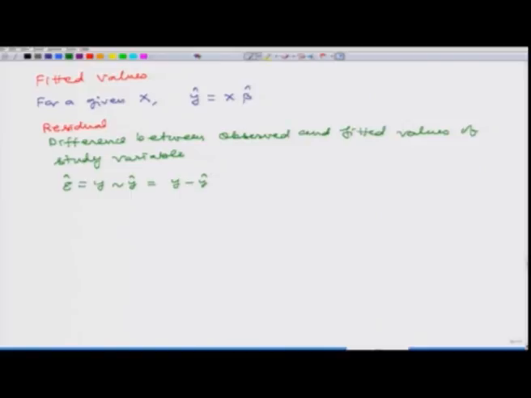Now, y hat is X beta hat, and beta hat we had obtained as X transpose X whole inverse X transpose y. So, I can write y minus H y, that is, I minus H times y, which is equal to H bar y. This is a very convenient notation for us to present epsilon hat, which is our residuals.